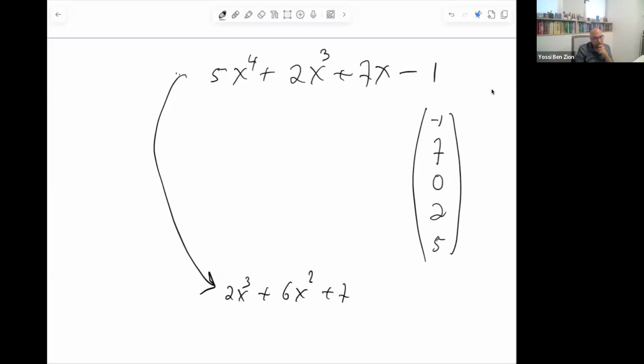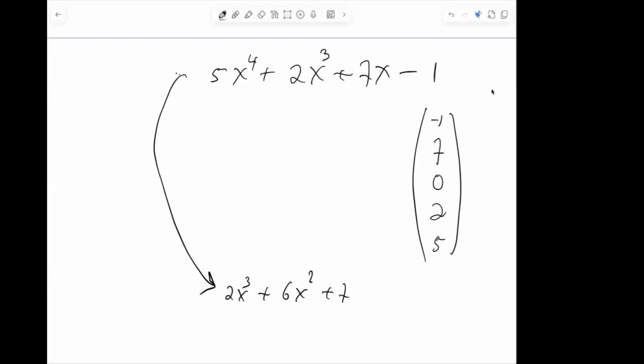You forgot the 0. Oh, I'm sorry, 20. Okay, so this can also be looked at as a vector, right? 7 is here. The 7 went down. And then we have 0. So we have 0. And then we have 6. And then we have 20. Do you agree with me?